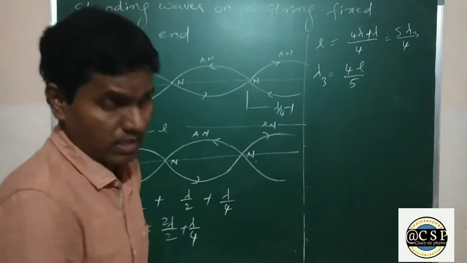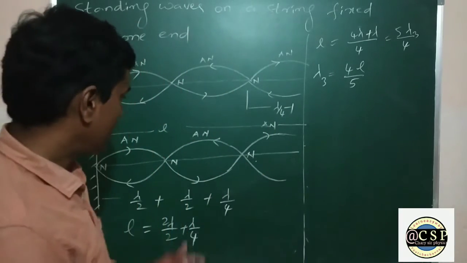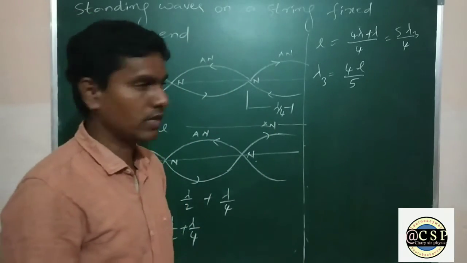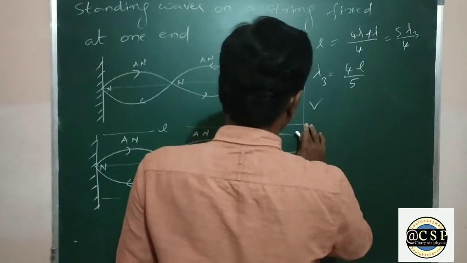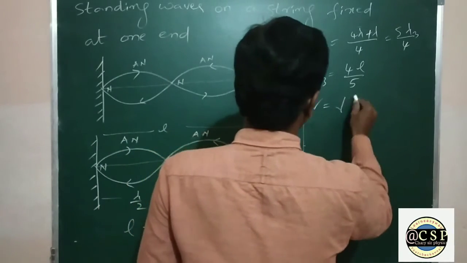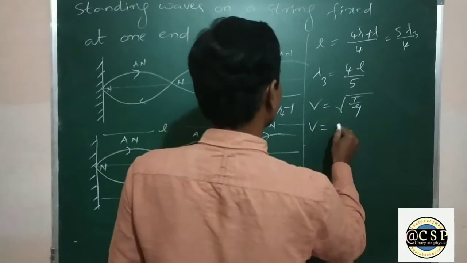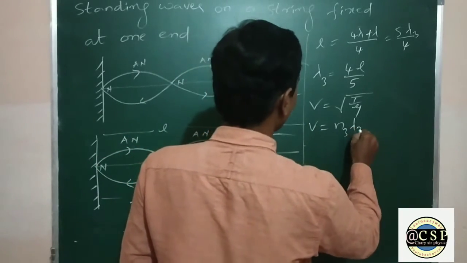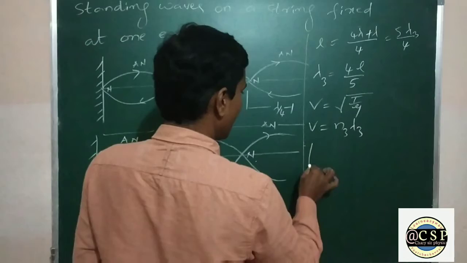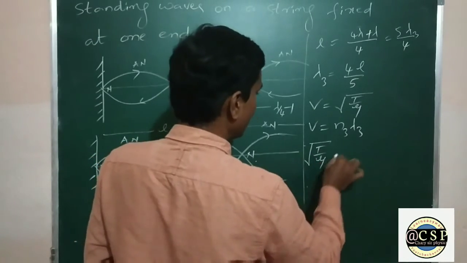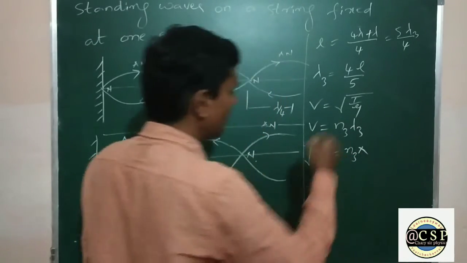Now we know that V is equal to under root of T by mu. V, the velocity of the wave, is equal to under root of T by mu, and V is also equal to N3 lambda 3. Substituting, root T by mu is equal to N3 into lambda 3.